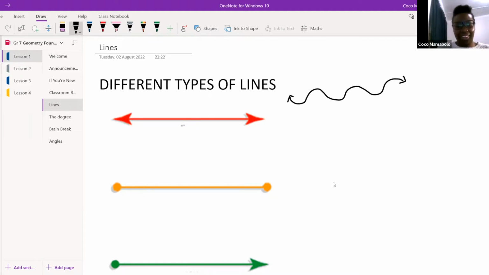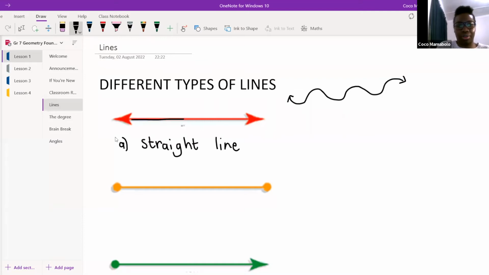We're getting there. Okay. I'm going to start with this line over here. And this line isn't just a line like the one I've drawn over here. This line over here is called a straight line. The reason why it's called a straight line is that it's straight.